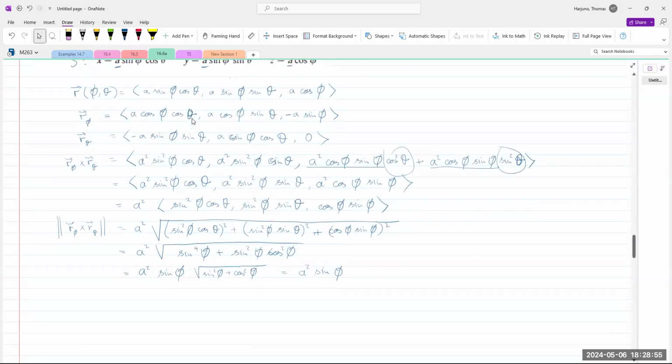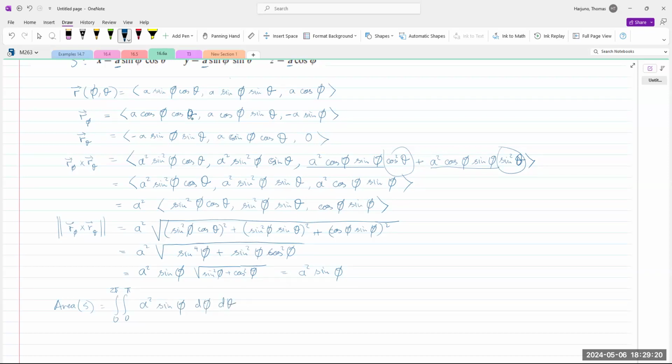Okay, so how about the surface area? The area of that surface S will be the double integral from 0 to 2 pi for theta, from 0 to pi for phi, of a squared sine phi d phi d theta.